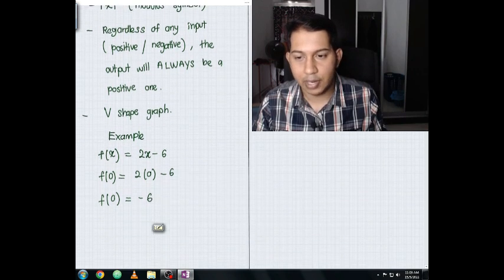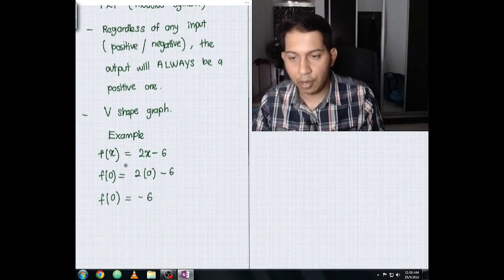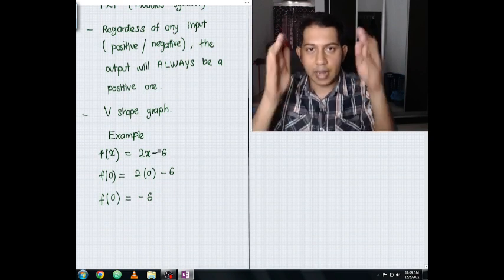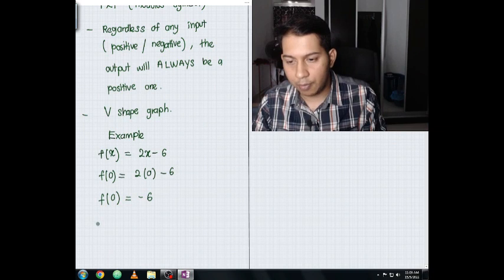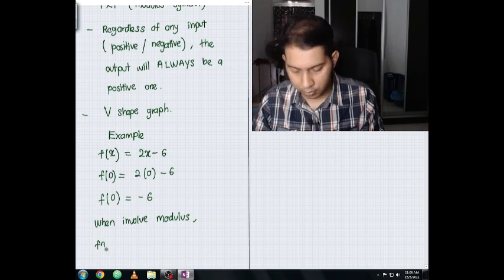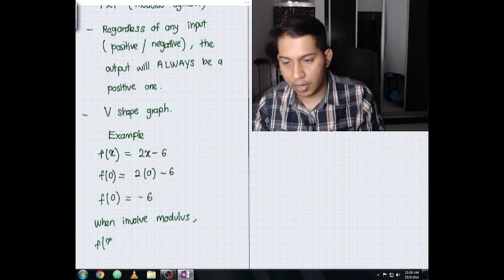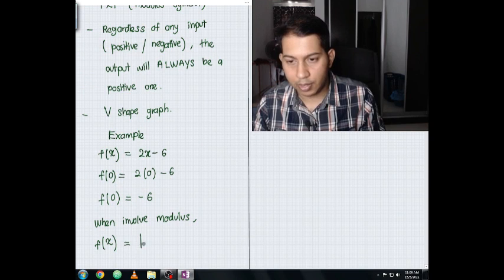Now let's say you have a modulus. I'm going to use the same function, but the only difference is I'm going to add a modulus. So f(x) equals modulus of 2x minus 6.